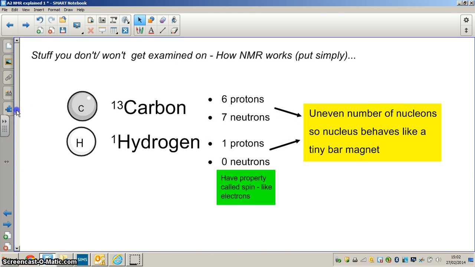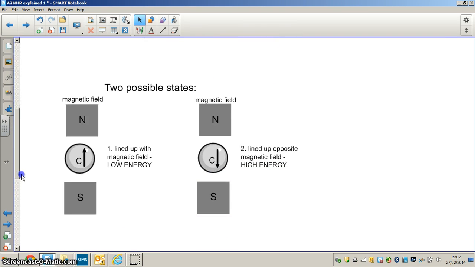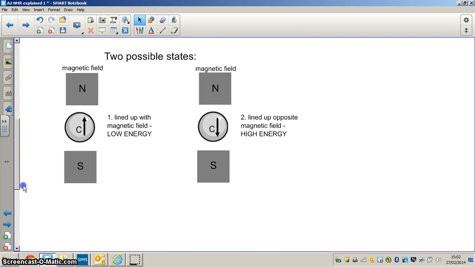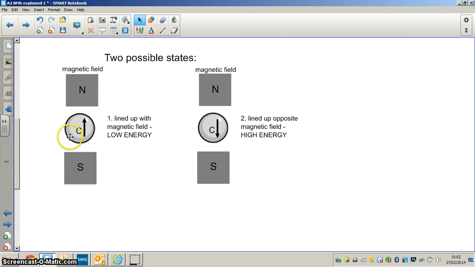Well, let's think about our carbon-13, for example. If we were to put a carbon-13 atom inside a magnetic field, and here we have a magnetic field, we can consider there are 2 possible states.